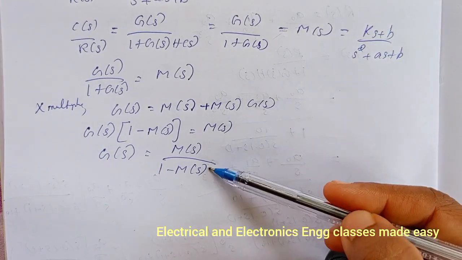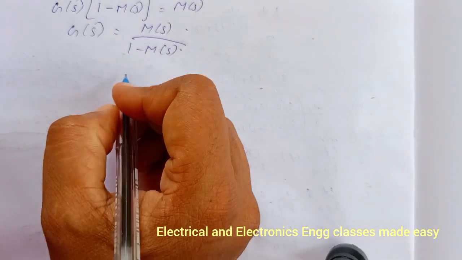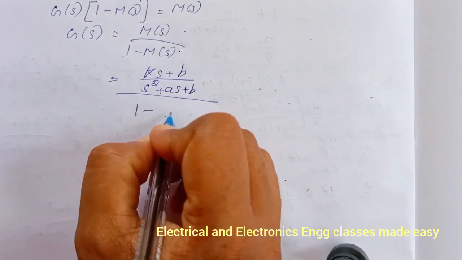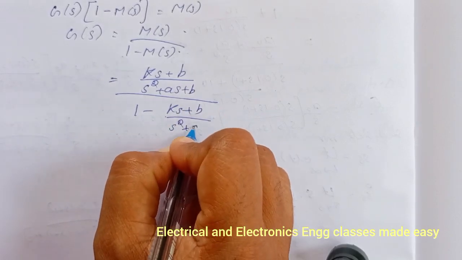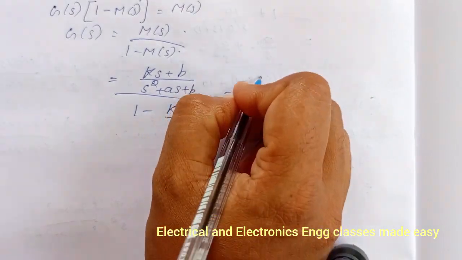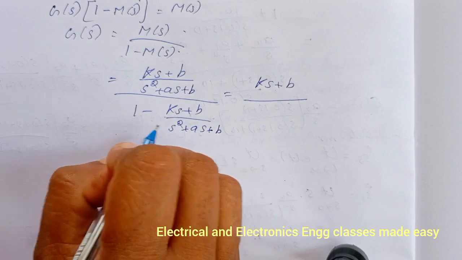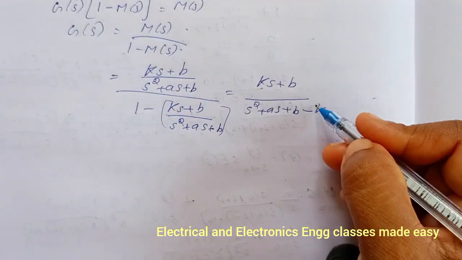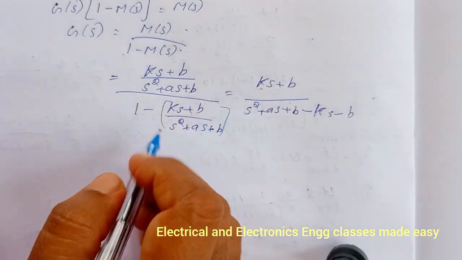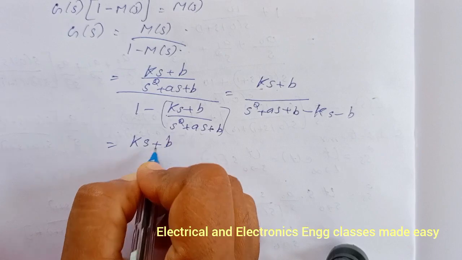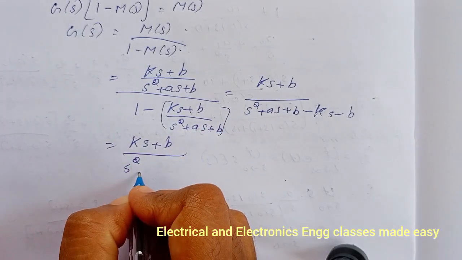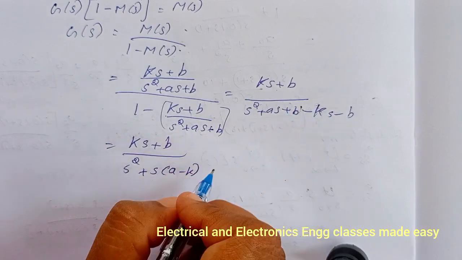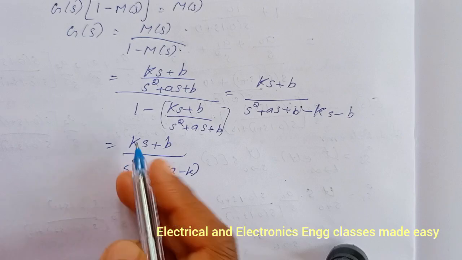Now we can put the value of M of s here, and that is equal to Ks plus B divided by S square plus As plus B divided by 1 minus Ks plus B divided by S square plus As plus B, and that is equal to Ks plus B divided by, while taking the LCM we get S square plus As plus B minus Ks minus B, and after solving we get Ks plus B divided by here S square, then plus S into A minus K, this B cancelled, so this is G of s.